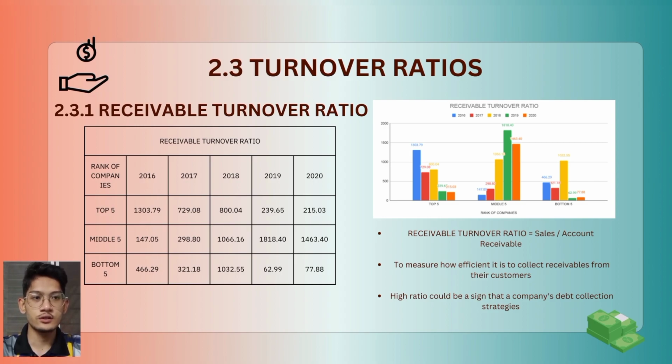But this situation is not the same for the middle companies, which increase by year and reach the highest of 1,818.04. And the last one is the bottom 5 companies, which were higher in the middle of the graph and then dropped to 92.99, the lowest point.